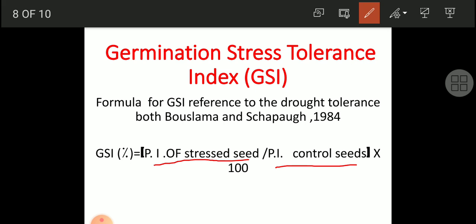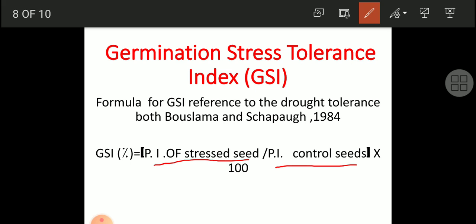In the same way, in the same manner, we set up another petri plate with 100 seeds, isn't it? And we consider that as a control, because no NaCl is added to the solution used for germination in that petri plate.